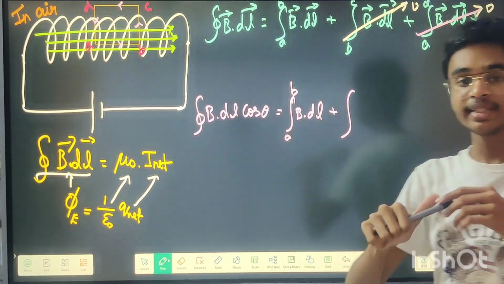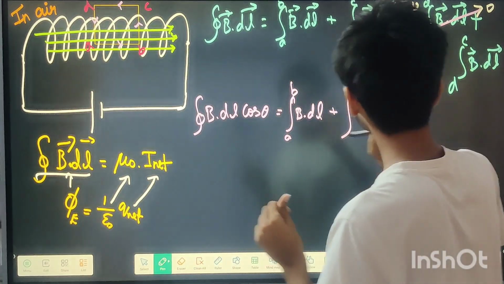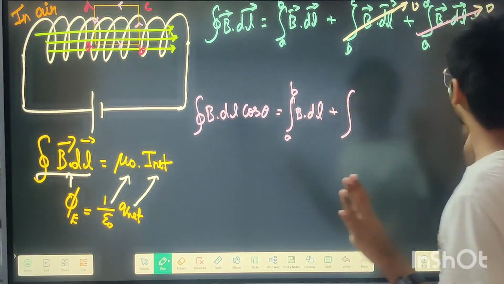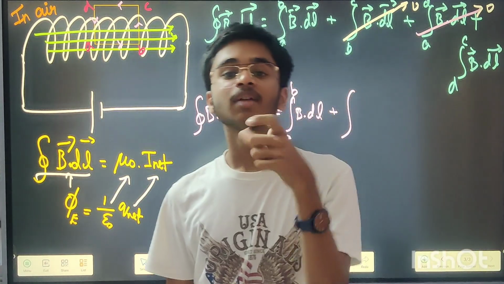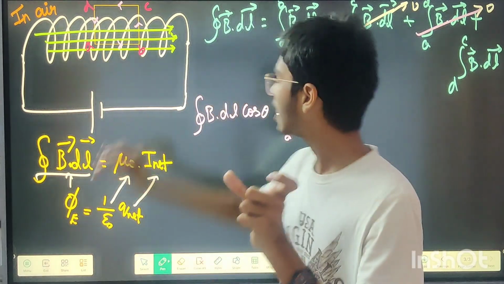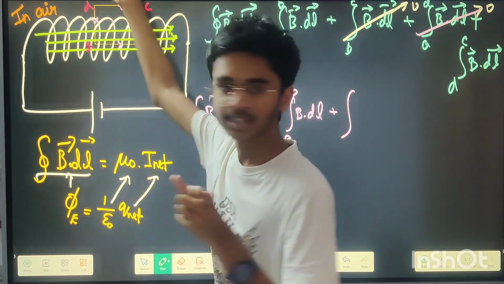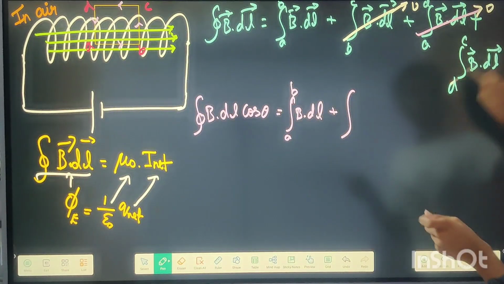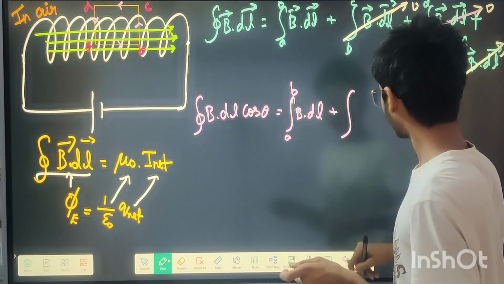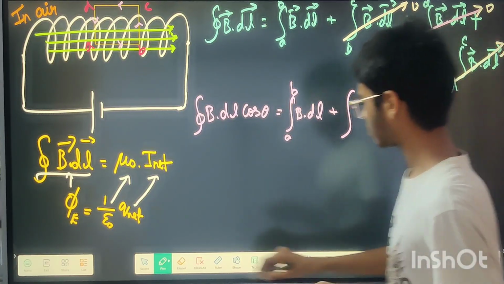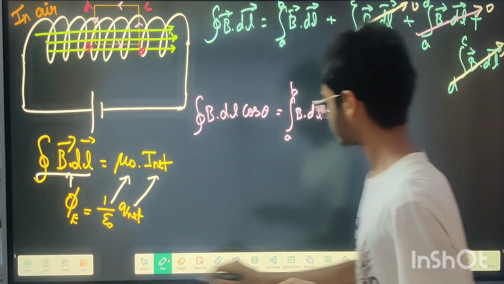DC is actually 180 degrees, but here you have to take the magnetic field outside this solenoid, which is 0 only. So this total term will be 0 because the magnetic field is 0. So for every other term you are supposed to put 0.